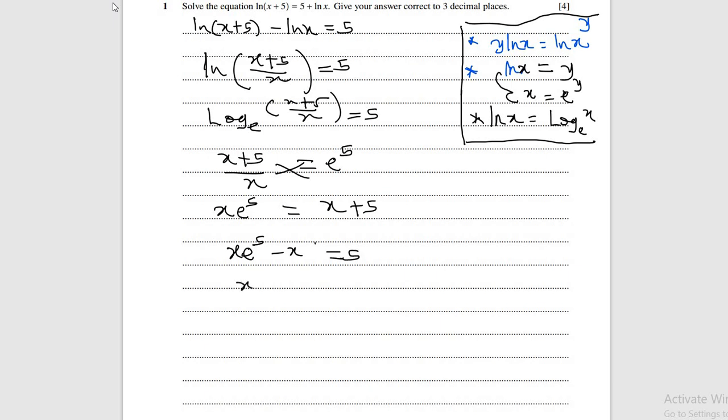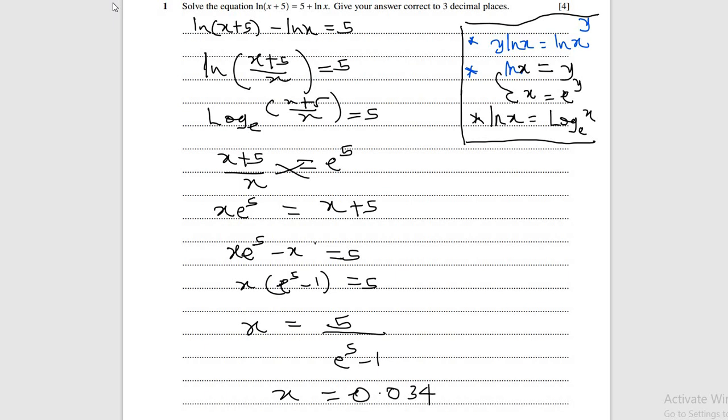Factorize x into bracket: x(e raised to power 5 minus 1) equal to 5. So find the value of x by making x the subject of formula. That will be 5 over (e raised to power 5 minus 1). So what's the value of x? Punch it into your calculator. 5 over (e raised to power 5 minus 1) gives us 0.034.